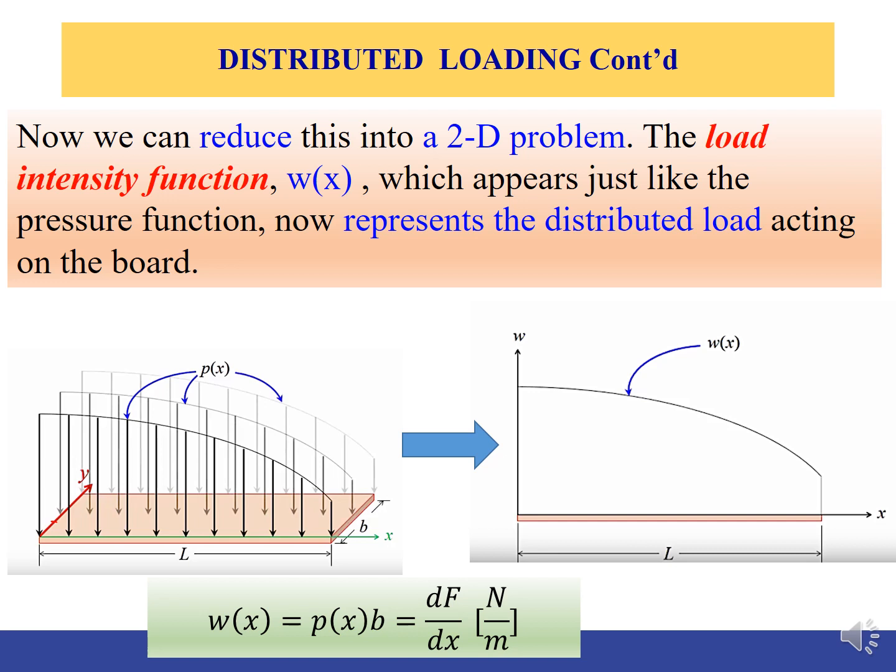So we can use this plane to represent any plane along the y direction. So now this problem becomes a 2D problem, where the x-axis is the length along the board, and the y-axis is the load intensity with the unit Newton per meter.